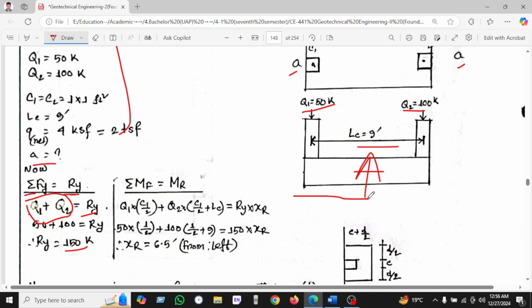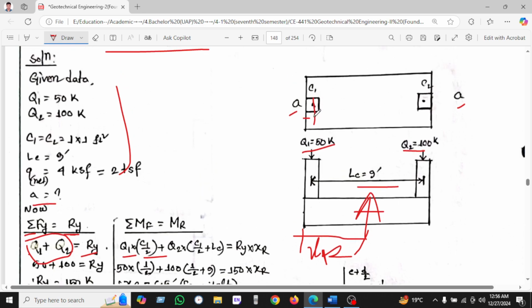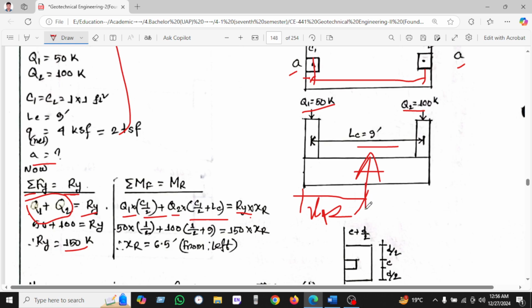So now we'll calculate how much XR. So XR equal to Q2 into C by 2, as we are taking the CG of the column, and Q2 equal to C by 2 plus LC. This is LC and Ry, where we get the Ry value 150, and this distance is XR.